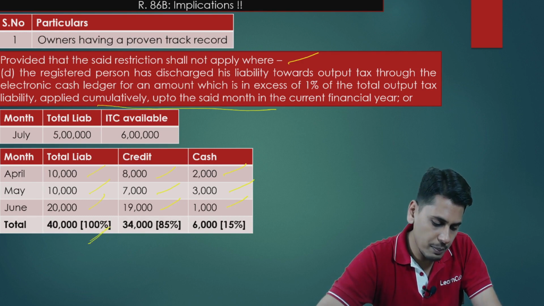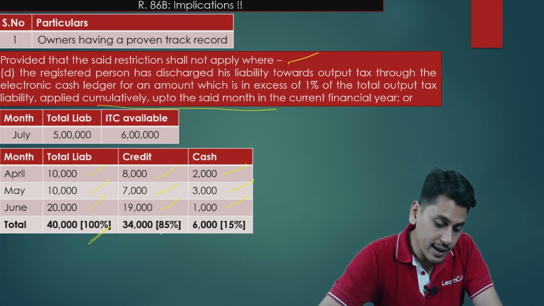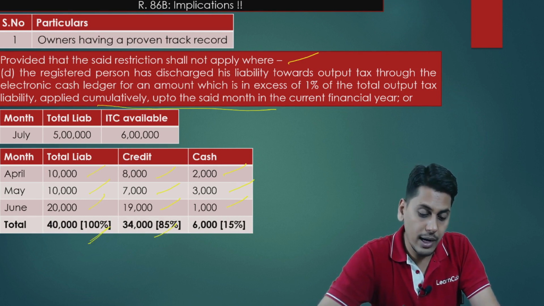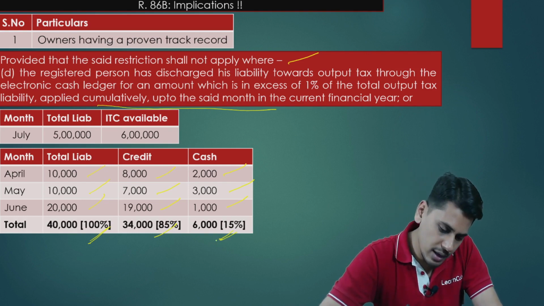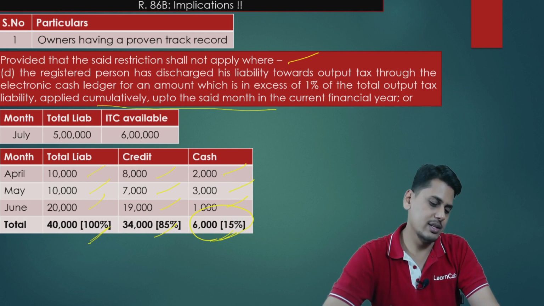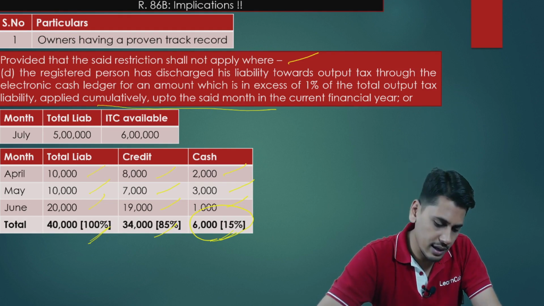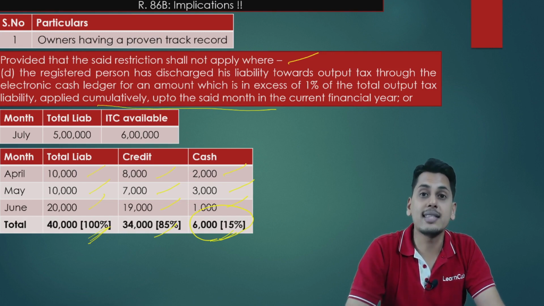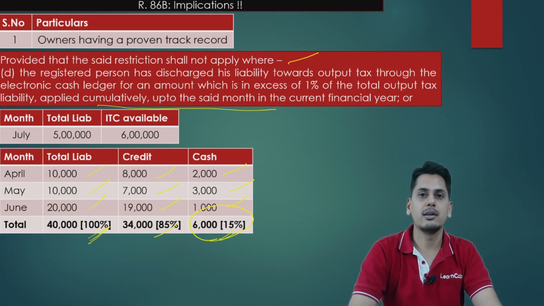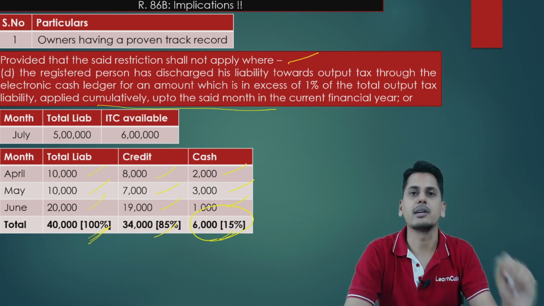So total liability is 40,000, paid through credit is 34,000, paid from cash is 6,000. Now friends, I have already paid 15% of the total liability from cash ledger, which means that I have already satisfied Rule 86B. This is a wrong conclusion.